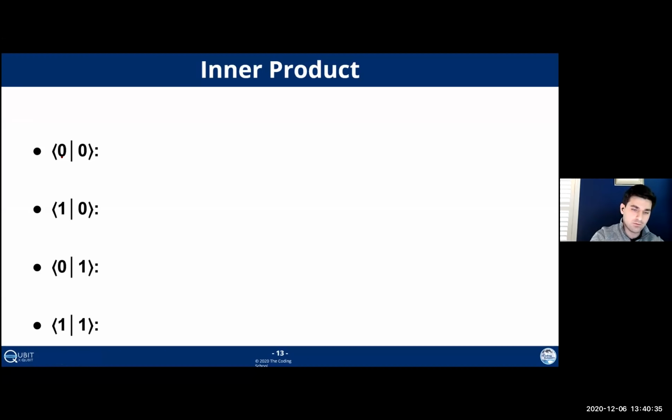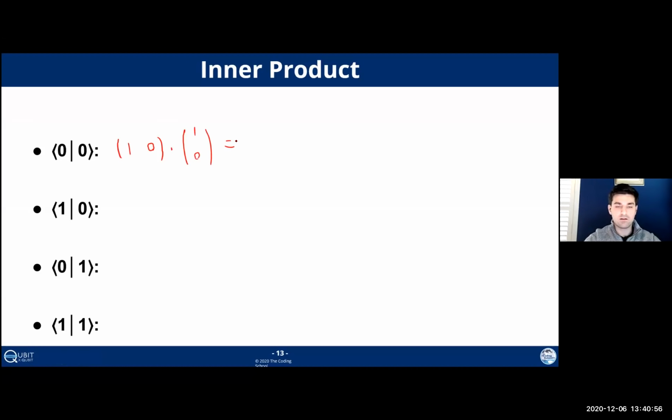The bra of 0 is 1, 0. And then times the ket of 0, which is a column vector now, with the top entry being 1 and the bottom entry being 0.